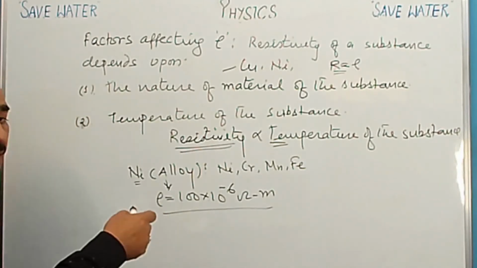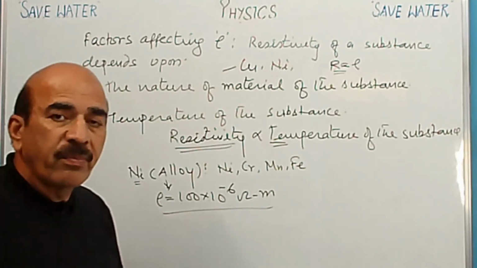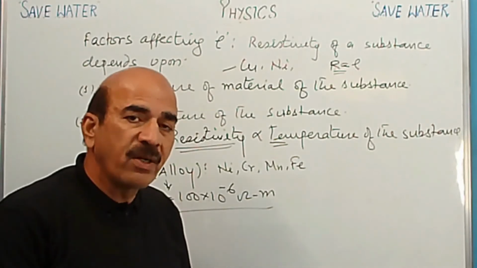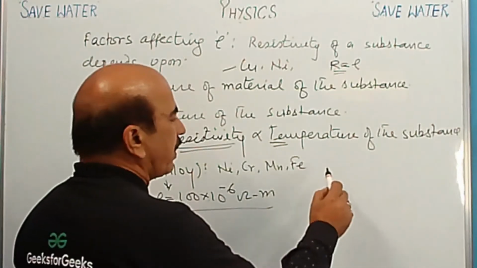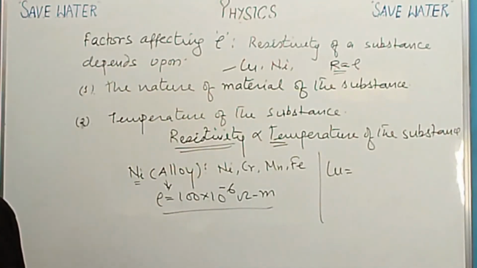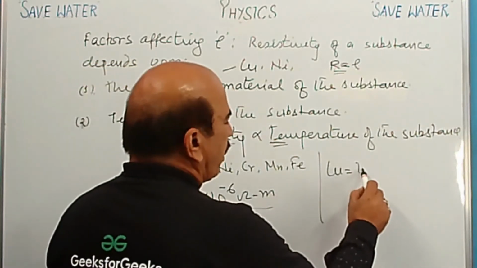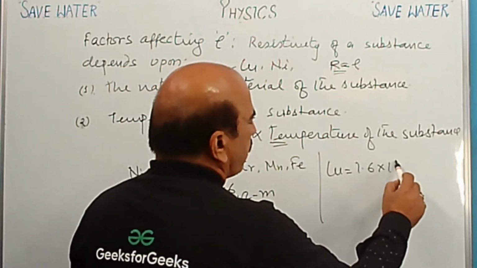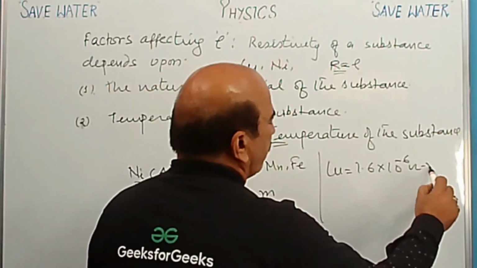It is very high. And if we compare the resistivity of nichrome with copper, how much is the resistivity of copper? Yes, anyone? It is 1.6 into 10 raised to power minus 8 ohm meter.